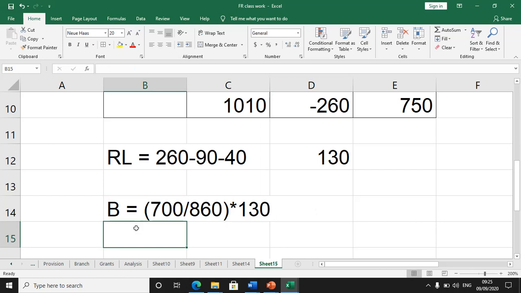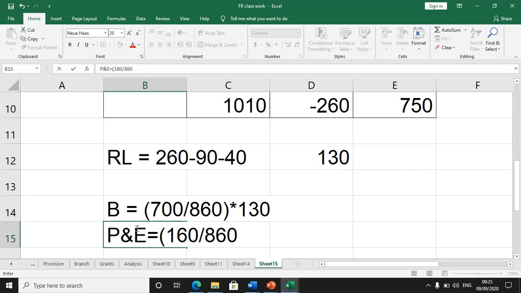I'll do the same for plant and equipment. Let's check that one out as well. You've got 160 divided by 860, then we multiply whatsoever we find by 130.